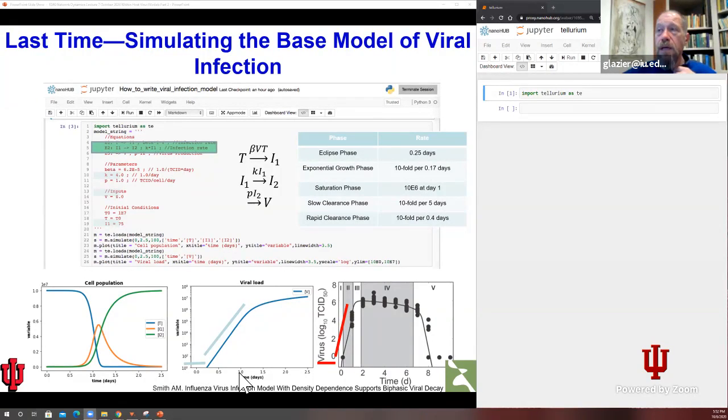And we were able, by playing around a little bit with those numbers, to fit the delay that we saw early on in viral infection, the lag phase, and the early exponential growth of the virus using the parameters here. And so that very simple model gave us the first 2 steps of this process.